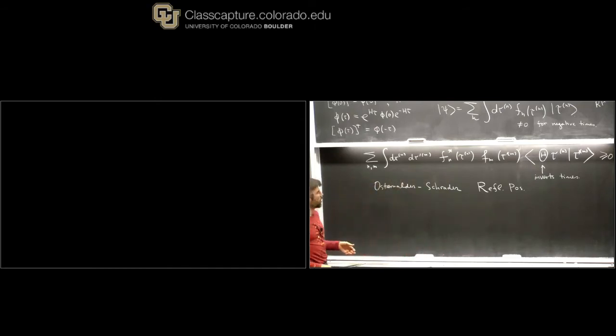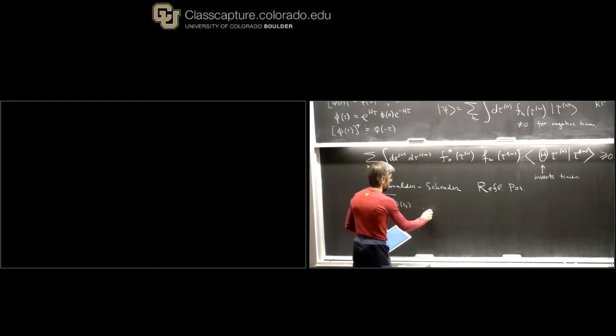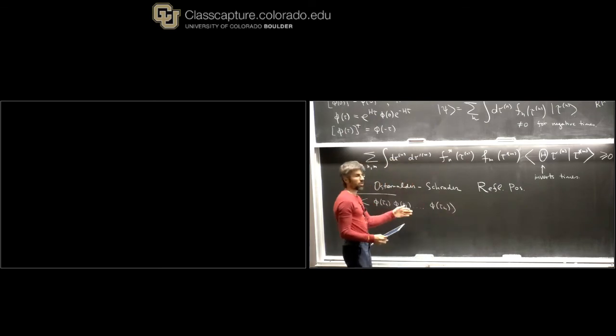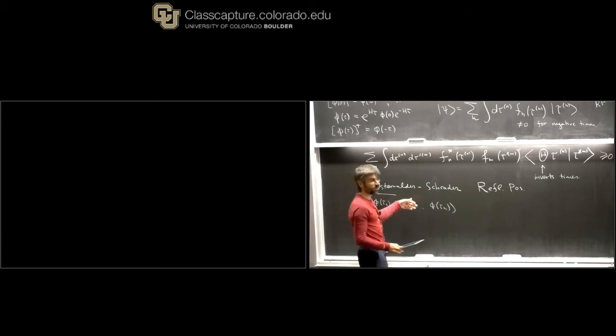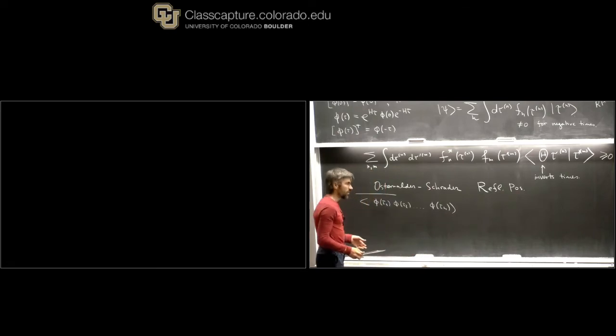Suppose that all I know is that somebody just hands me a bunch of correlation functions, phi of tau 1, phi of tau 2, dot, dot, dot, phi of tau n. Now these taus can be both positive and negative. And they tell me, okay, construct a Hilbert space. You don't know the Hilbert space. You just have these functions, and you have to construct the Hilbert space. Can you do this? I say, I can do this.